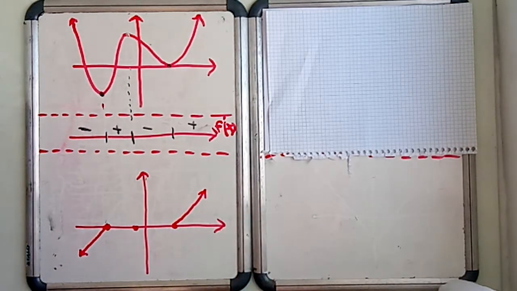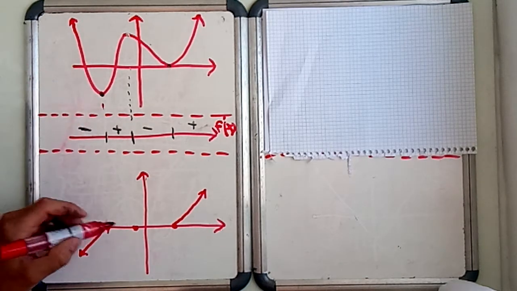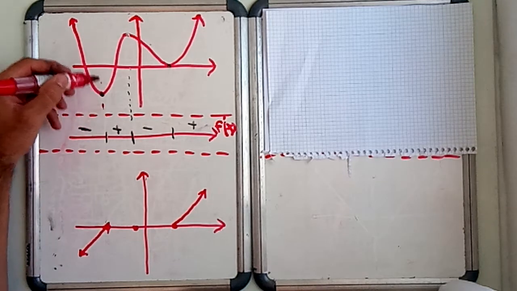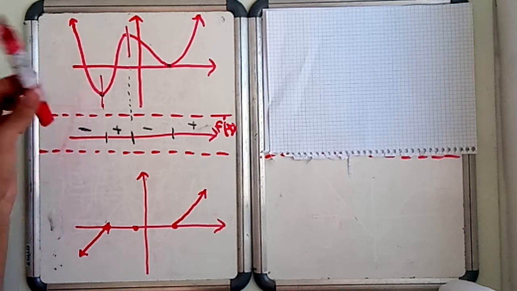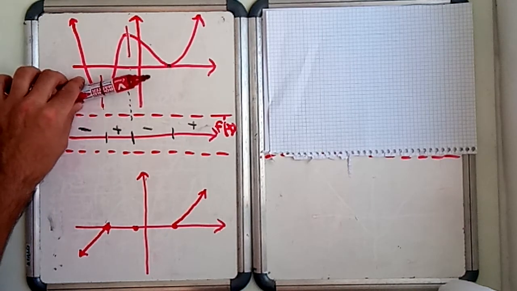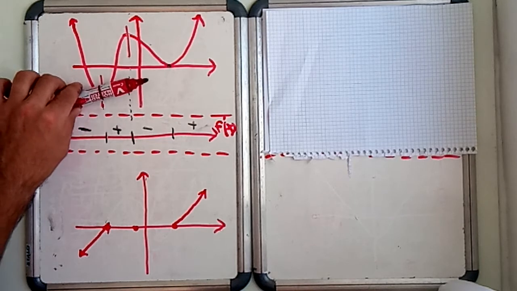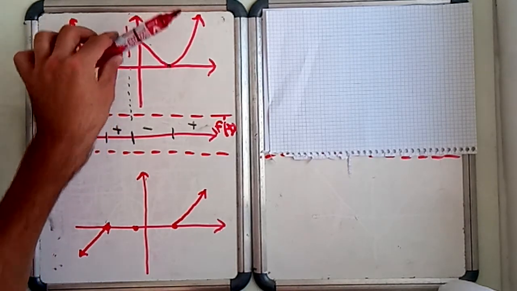So in between is a bit more difficult. If you look at this section in between these two stationary points here, which corresponds to this section of the graph here, you may remember from Friday we talked about points of inflection. So you've got a horizontal gradient and it's positive, getting more positive up to a point where it gets less positive and goes to zero.